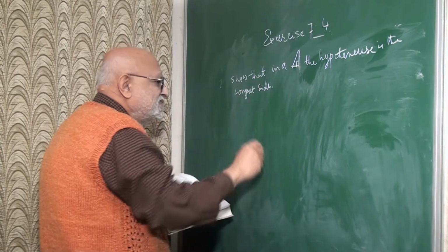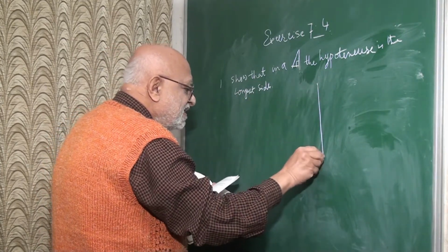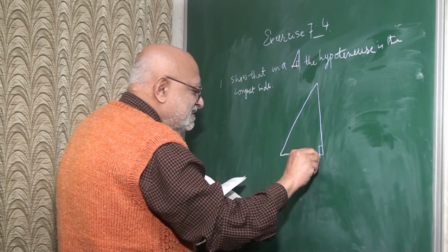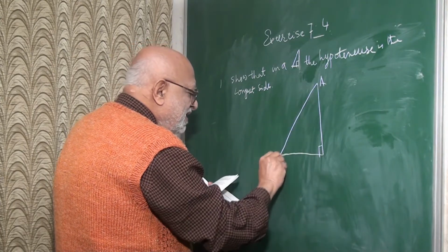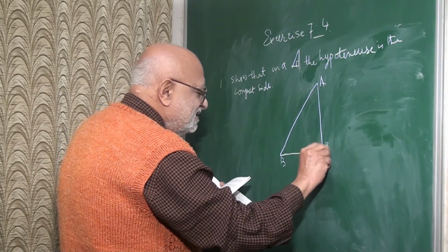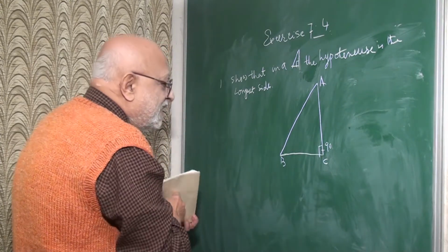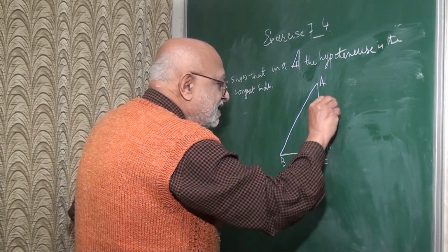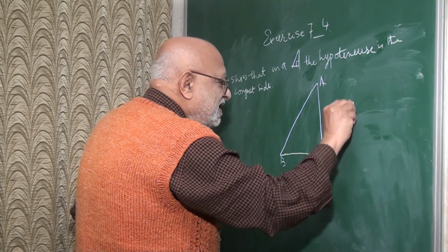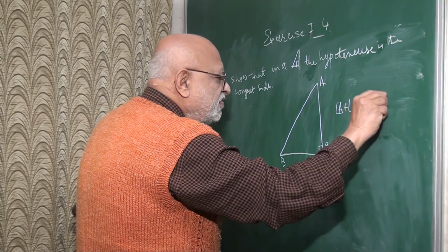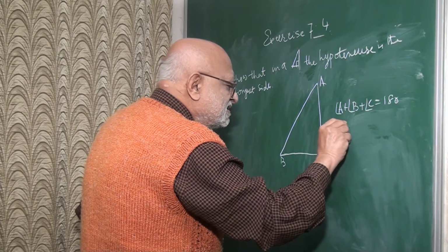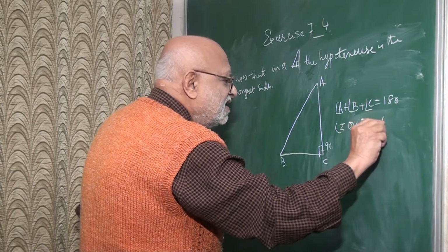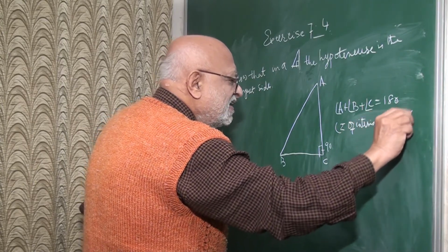Okay, so let us first draw a right angle triangle. This will be your right angle triangle, with the right angle at C. Let's say this is A, B, C, and this is 90 degrees. In this triangle, angle A plus angle B plus angle C would be 180 degrees, because this is the sum of interior angles of a triangle.